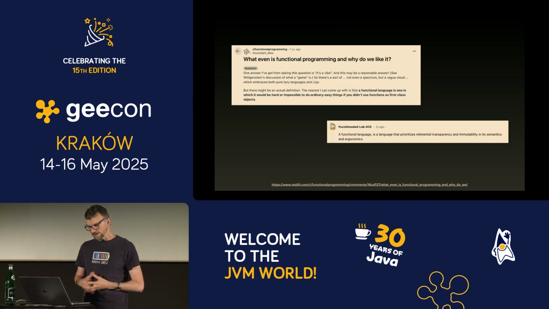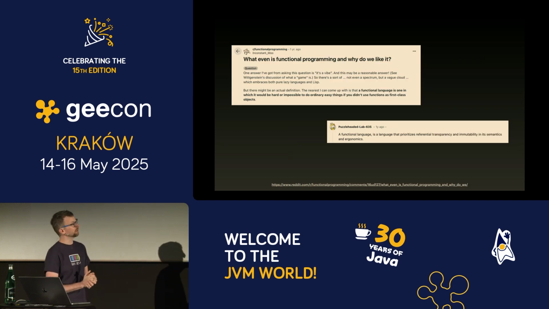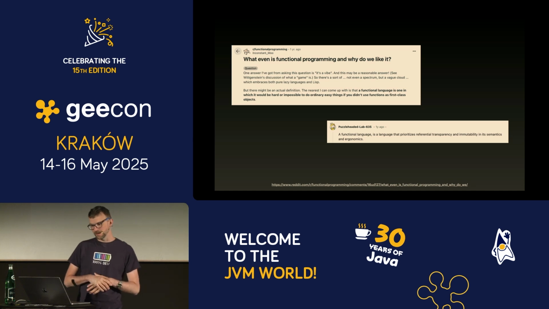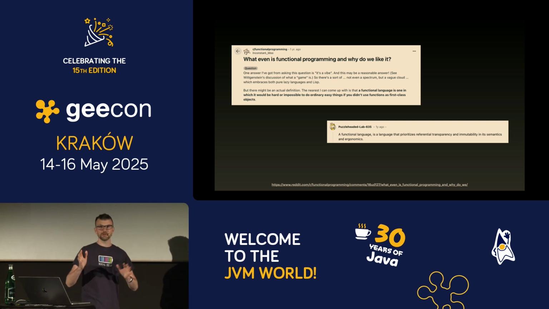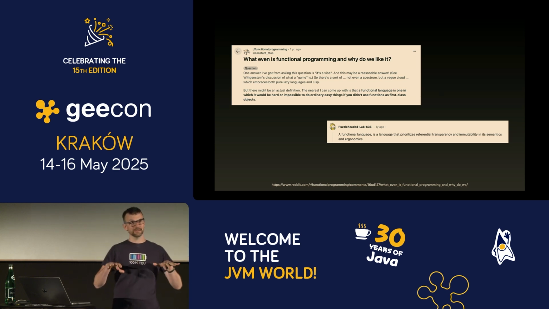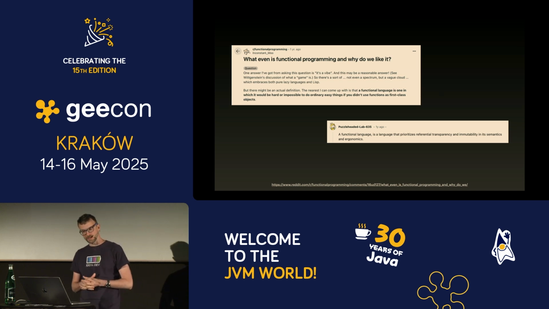And finally, on Reddit, you can always count on Reddit. One answer I particularly like to the question what even is functional programming is that it's a vibe. So it's something you have to feel in a way. I guess that's what we've been trying to do by comparing these code snippets, to get a feel for what functional programming is.